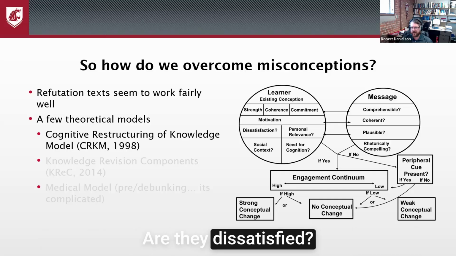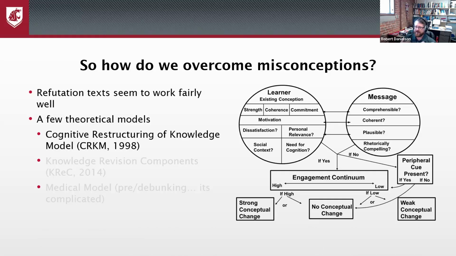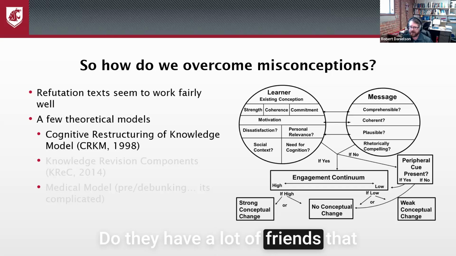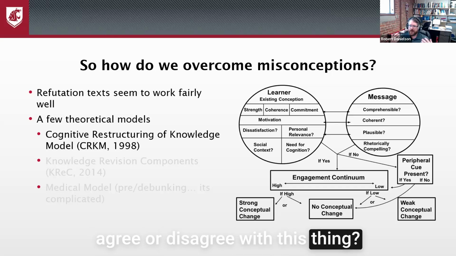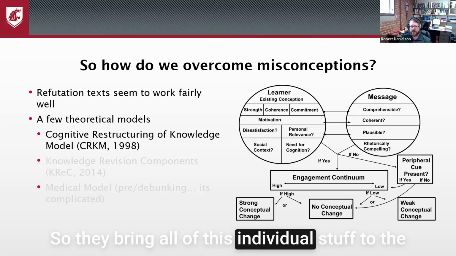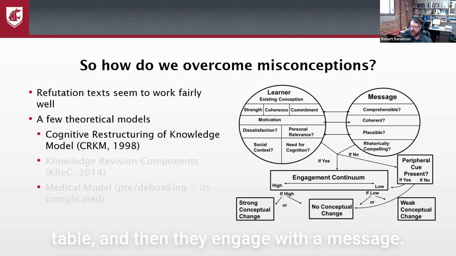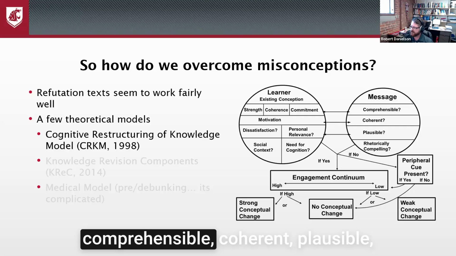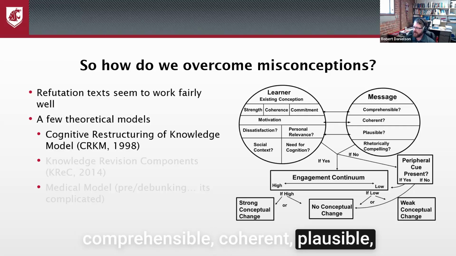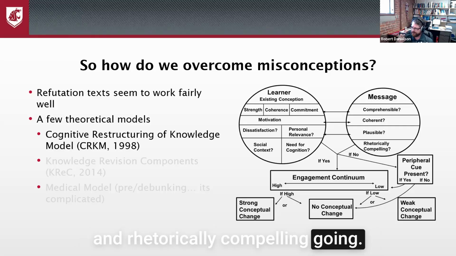Are they dissatisfied? Are they frustrated? Is there a social context around? Do they have a lot of friends that agree or disagree with this thing? So they bring all of this individual stuff to the table, and then they engage with a message. And that message needs to be comprehensible, coherent, plausible, and rhetorically compelling.